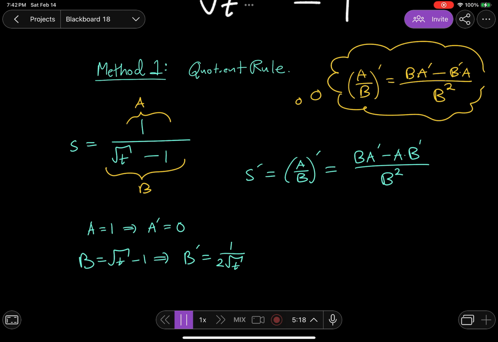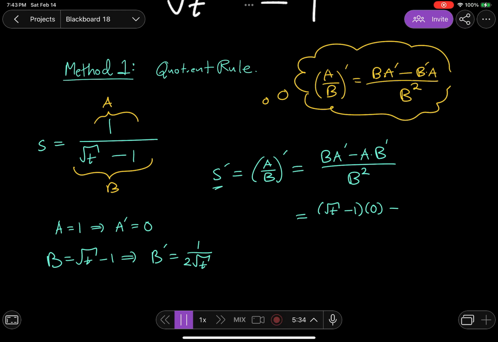And therefore, s prime, which is what we're trying to evaluate, is b, which is this, times a prime, which is 0, minus a, which is 1, times b prime, which is 1 over 2 root t, all divided by b squared.